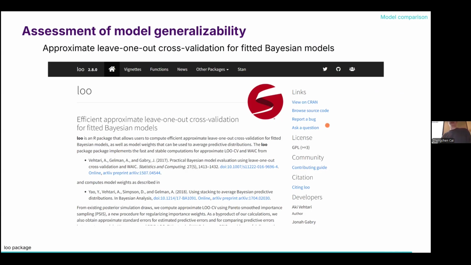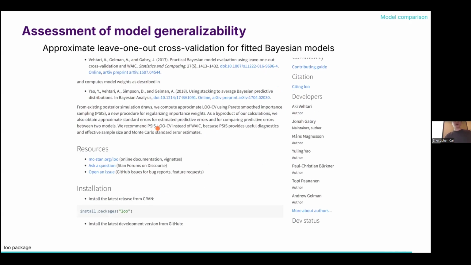But we have this nice method which can approximate the leave one out validation performance by fitting the model only once. So you fit the model with your full data only once, and then it will estimate the leave one out cross validation metric without refitting, from this package. Okay, so if you have a BRMS model fitted already, you throw this into a loop.